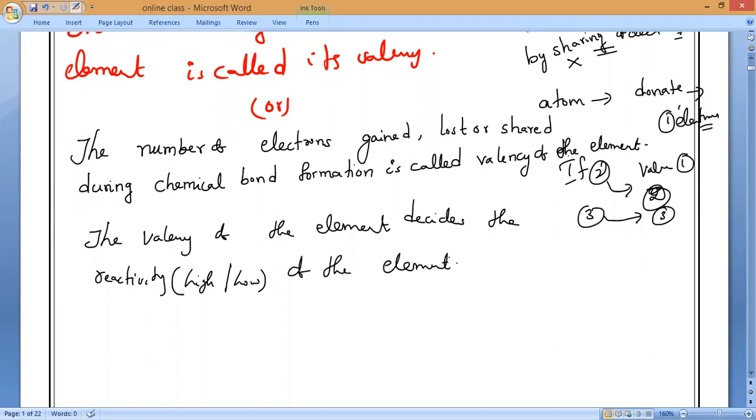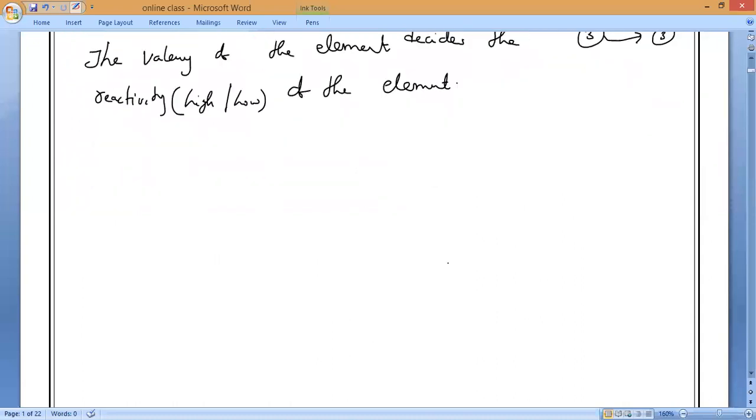As we all know, take for example water formation. We all know the formula of water. What is the formula of water? H2O, sir.